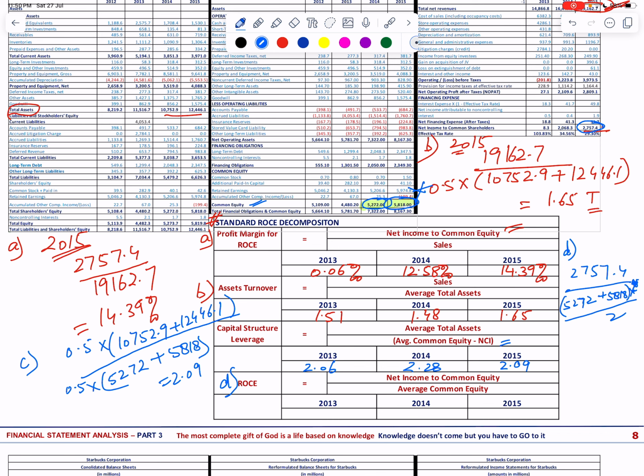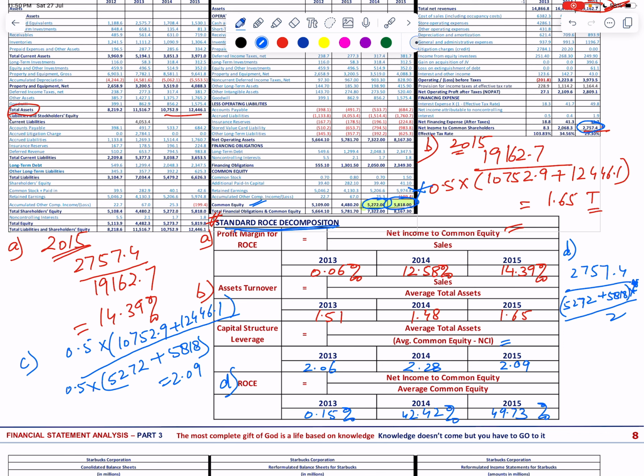So this will be equal to 49.73, and this will be 42.42%, and this will be 0.15%. So that is how we calculate the different ratios when we apply the standard return on capital employed decomposition.